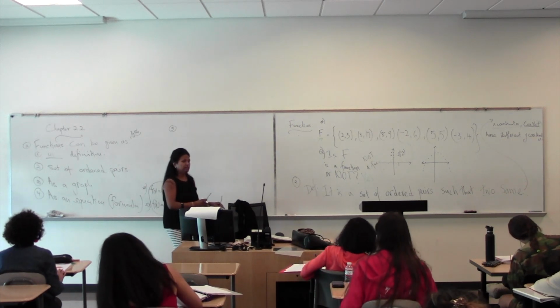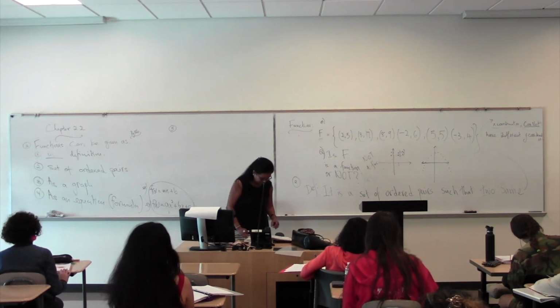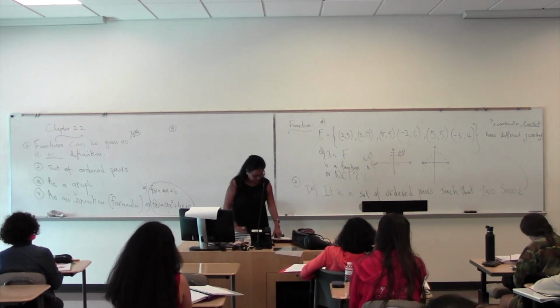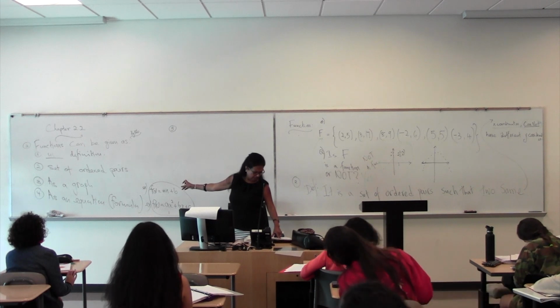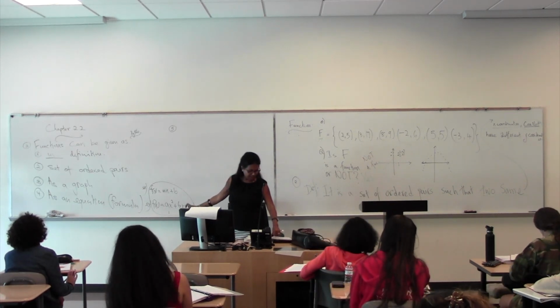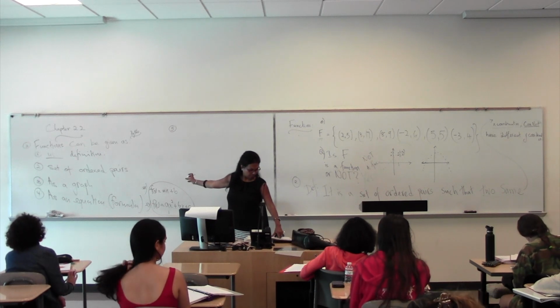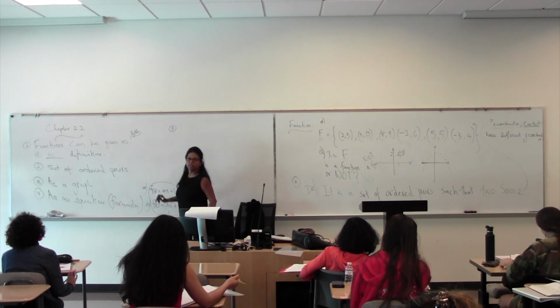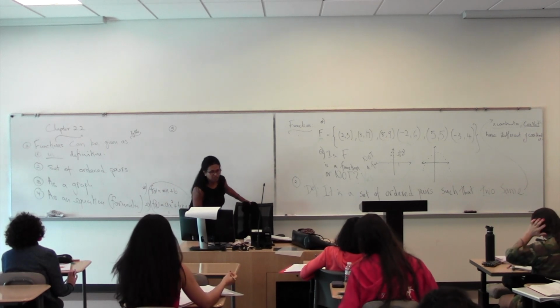Functions can be given as, graphically by a graph, numerically by ordered pairs, right? And verbally by using the definition, you explain the definition.